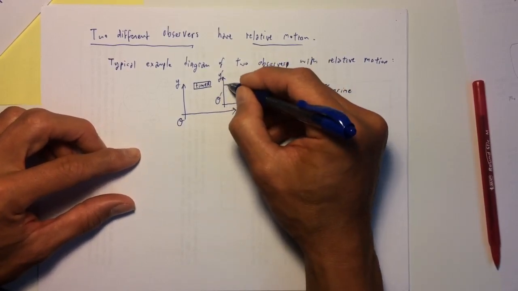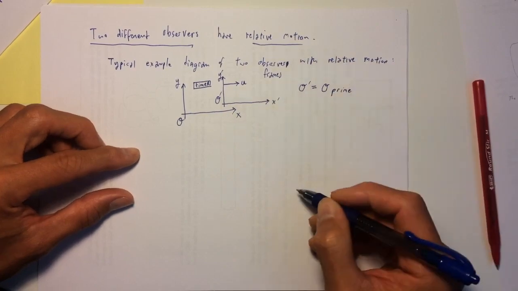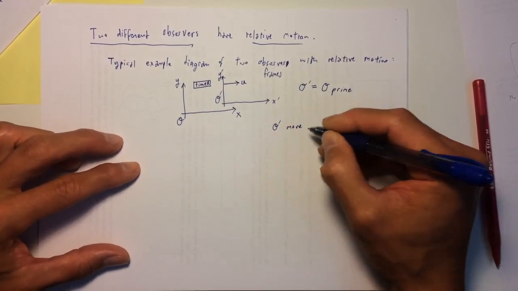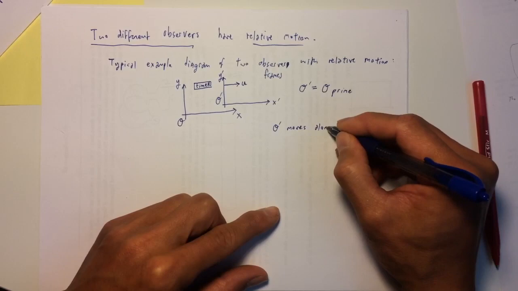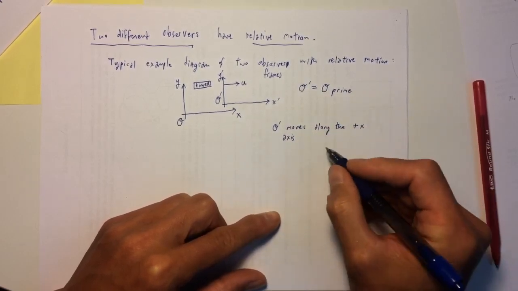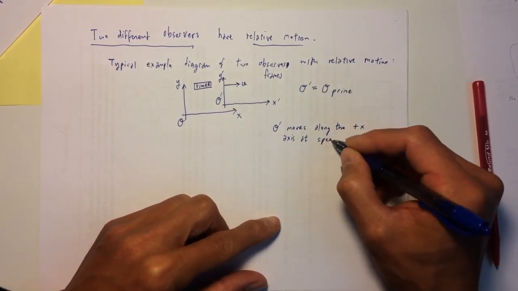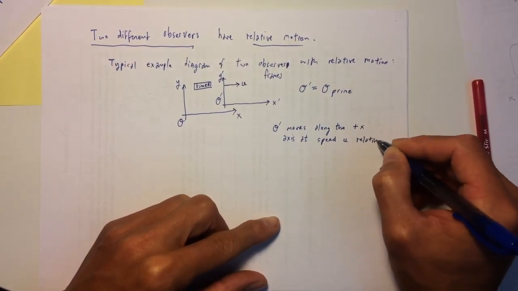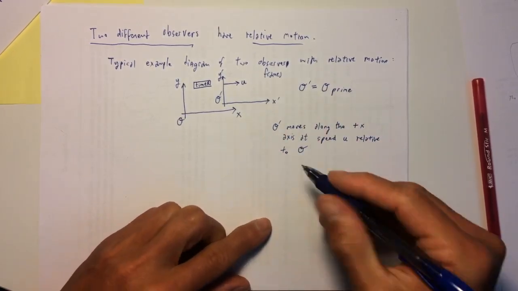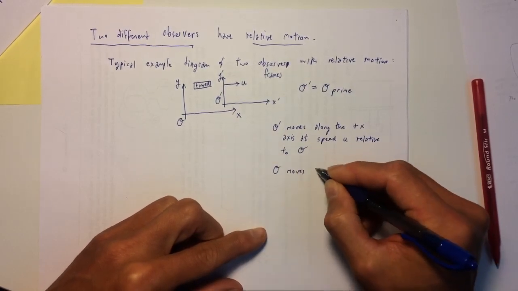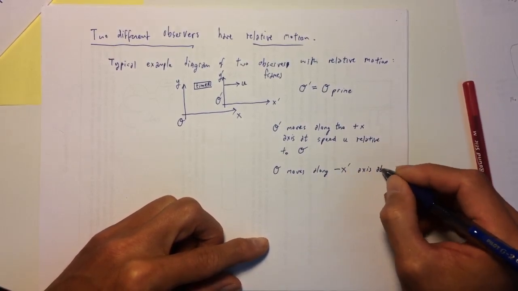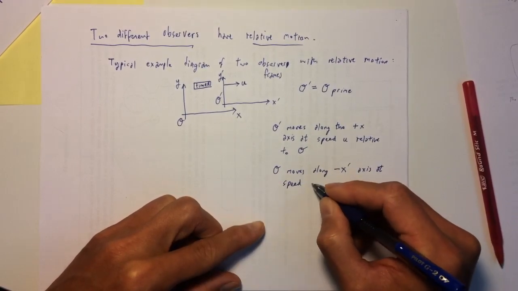And O prime has a relative speed of u compared to O. That is, O prime moves along the positive x axis at speed u relative to O. And you can switch it around and say that O moves along the negative x prime axis at speed u relative to O prime.